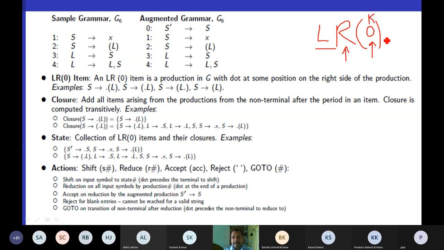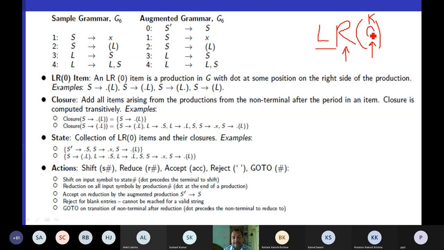And yes, you are right. In general, we can write that there is an LR(k) grammar where the k starts from 0 and assumes some integer number, indicating how much look ahead information is available during the parsing process.